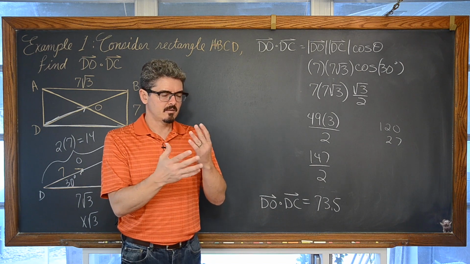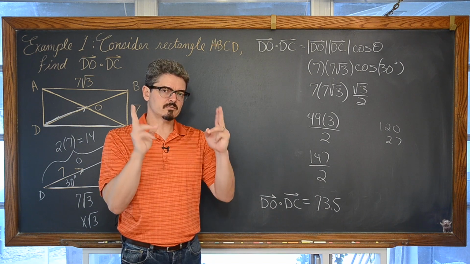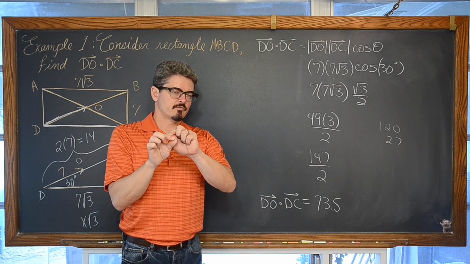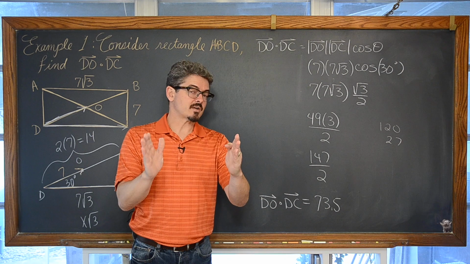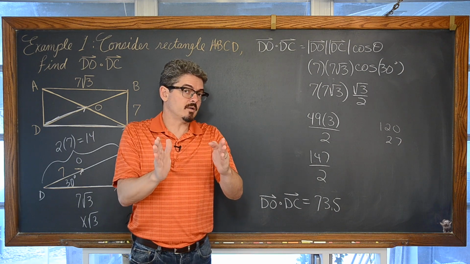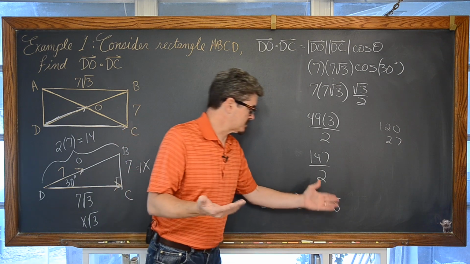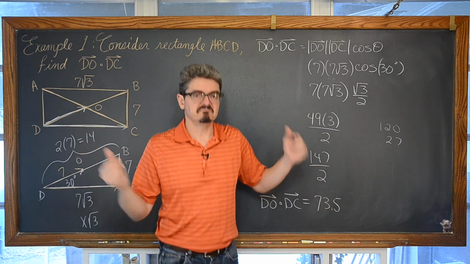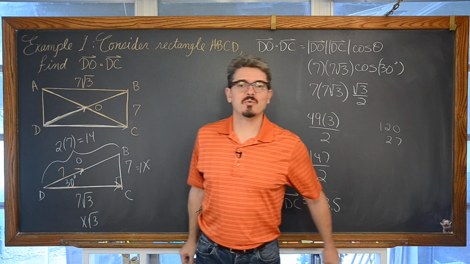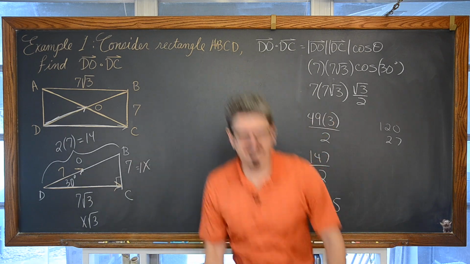Remember, you're multiplying two magnitudes for vectors going in the same direction: some vector and a projection of another vector onto that vector. So this is just a scalar multiple, and it's 73.5 units. That's the end of our first example. Second one coming up right now.